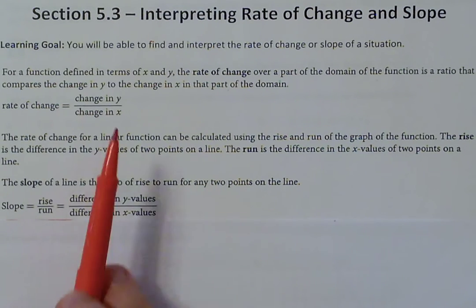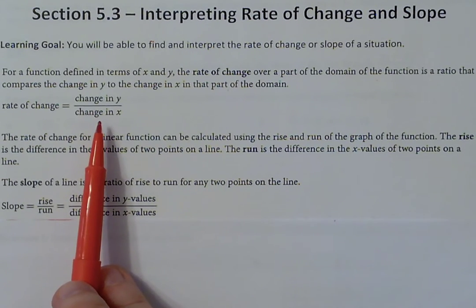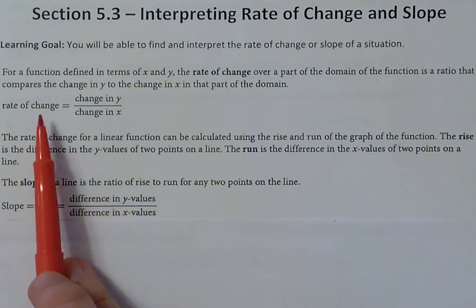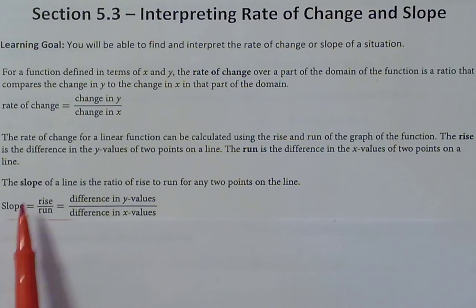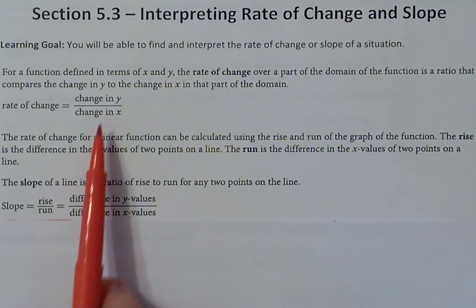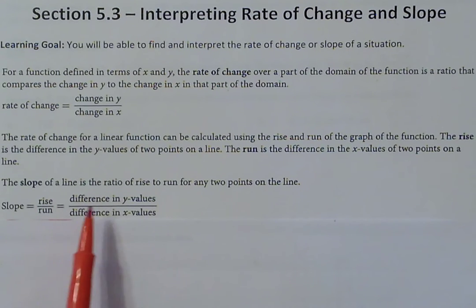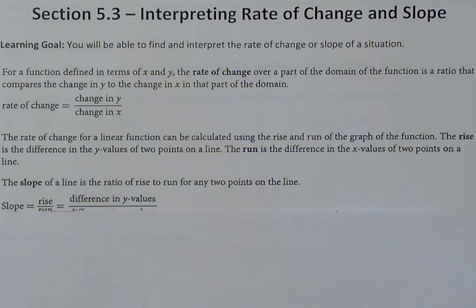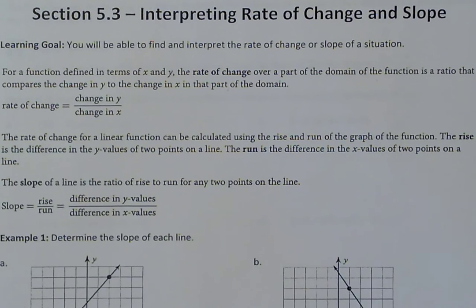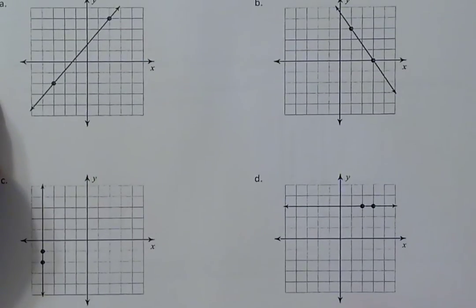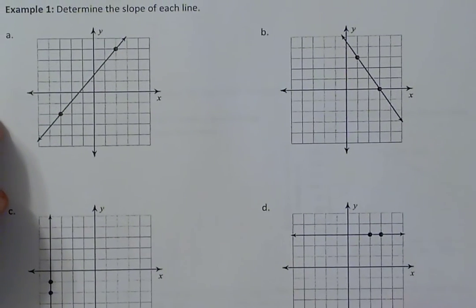Now, slope means the same thing as rate of change. So, rate of change equals slope, which equals change in y over change in x, which is rise over run, or difference in y over difference in x. So, our first example is we're going to go through and determine the slope of a line based off of a graph.